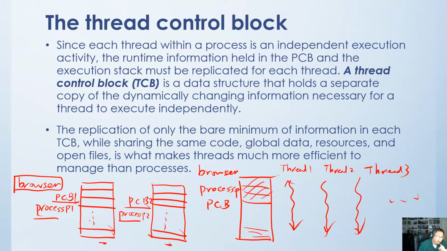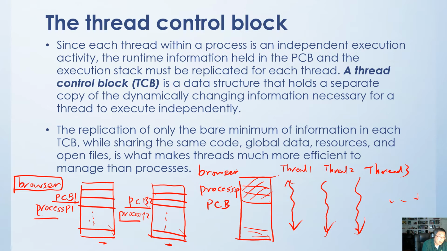But each thread has its own thread of control, because they are doing independent jobs. One browser window thread is watching a movie, another is doing some editing work, and another is just viewing a website. They're running different apps, but they are associated with the same application, the same program.